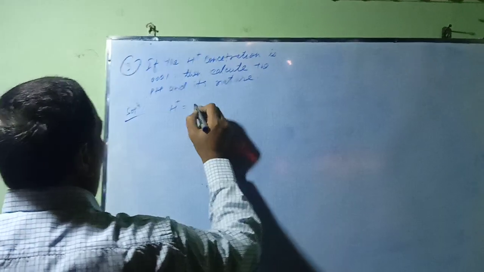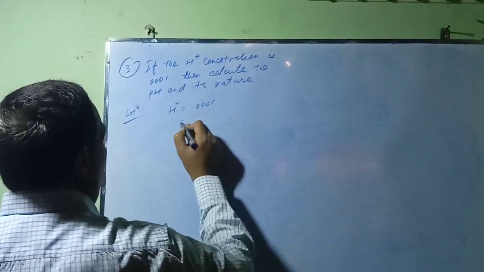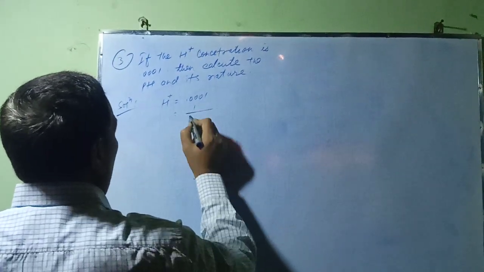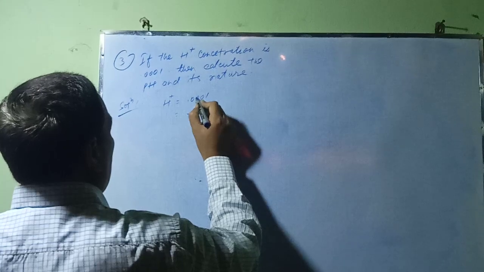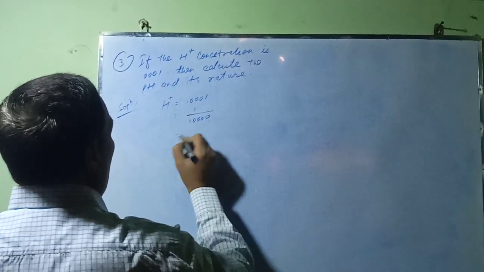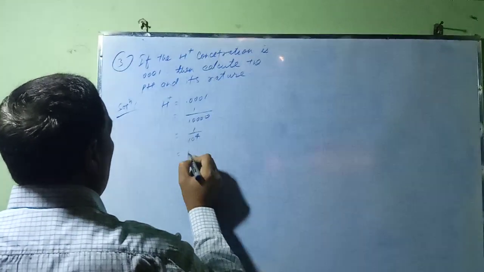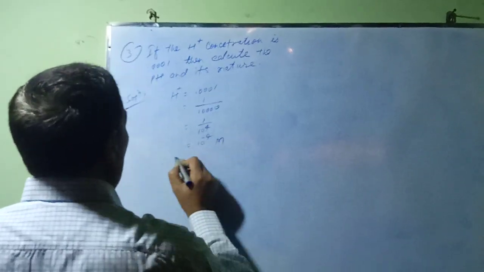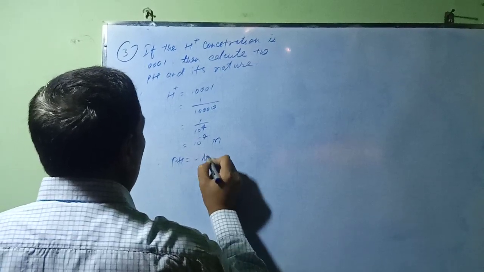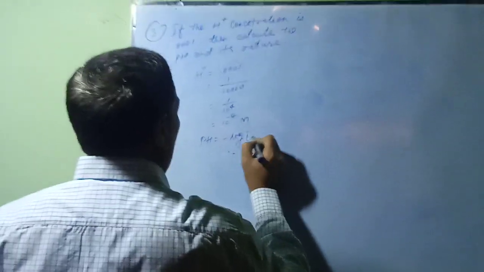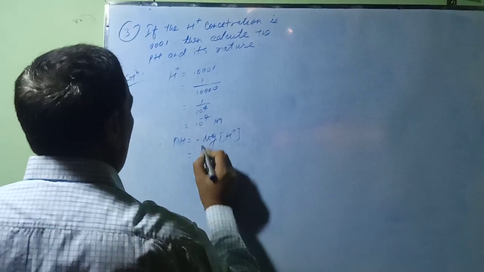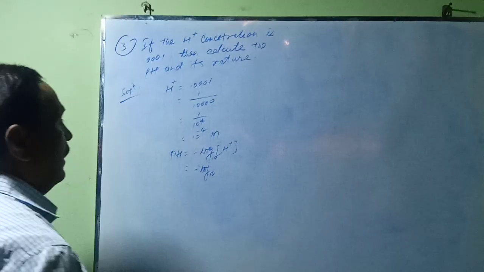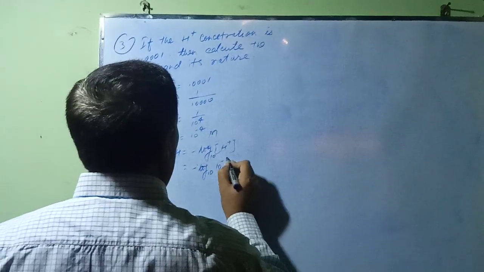Hydrogen ion concentration is equal to 0.0001. It is converted to the fraction 1 upon 10 to power 4, that is 10 to power minus 4 molarity. pH is equal to minus log hydrogen ion concentration. Minus log, putting the value 10 to power minus 4.